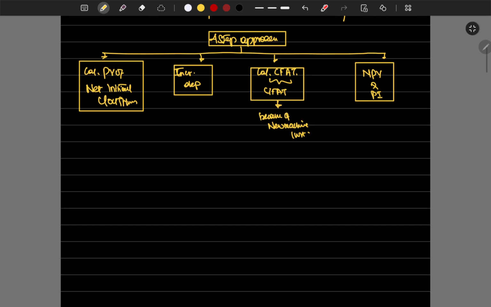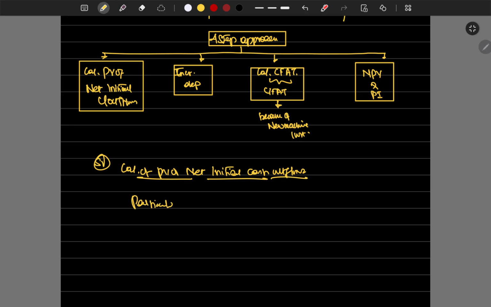Okay, now the first step, calculation of PV of net initial cash outflows. Particulars, rupees.